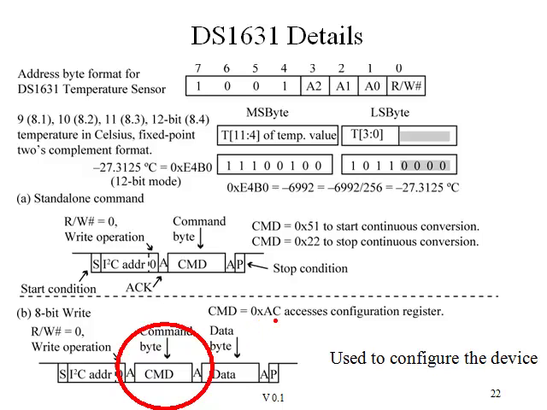In this case, that value is hex AC to say we'd like to access the configuration register followed by an acknowledgement from the thermometer. Finally, we send 8 bits of data to actually configure the thermometer, get an acknowledgement, and then conclude the transaction by sending a stop.